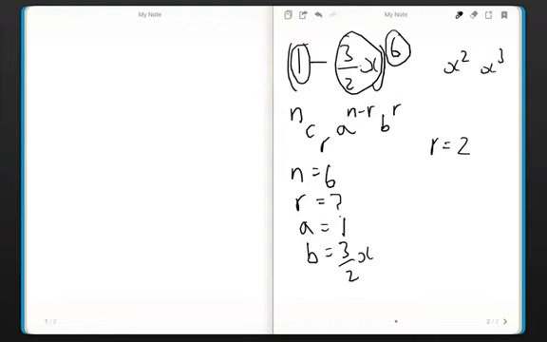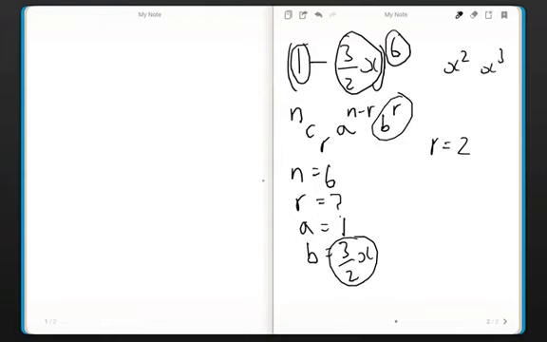Let me explain that again. Our b term is 3/2 x, and since we need x squared, this whole thing needs to be squared, and since our general formula says b to the power of r, our r has to equal 2.